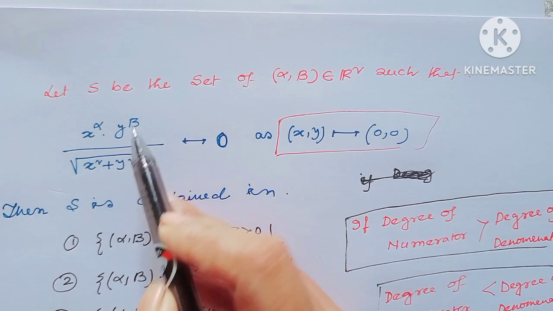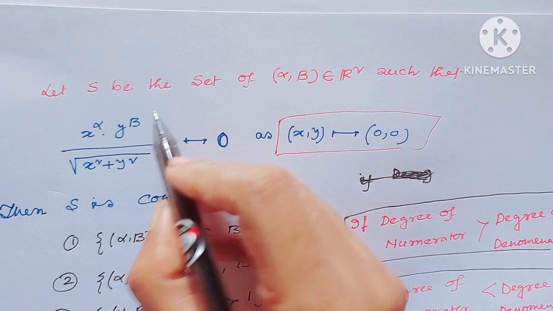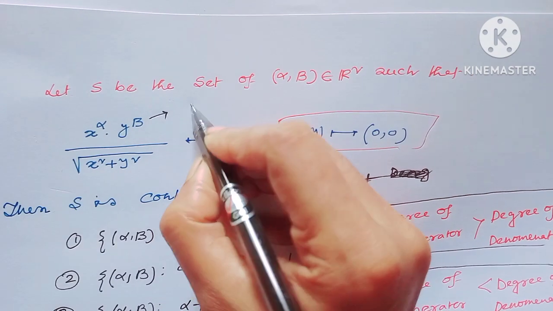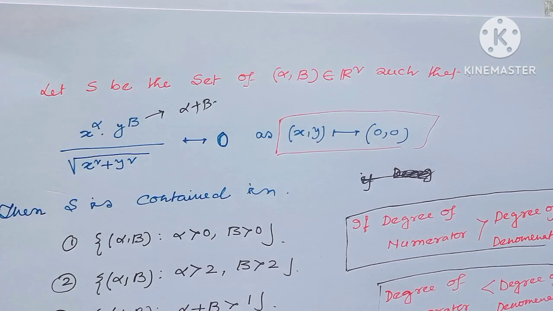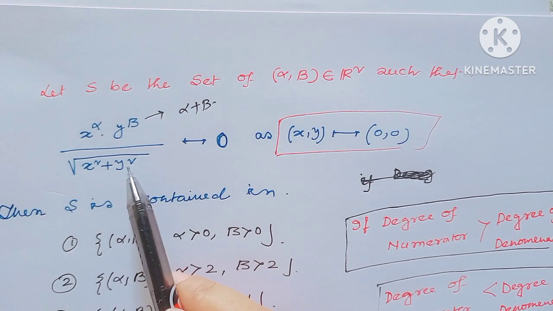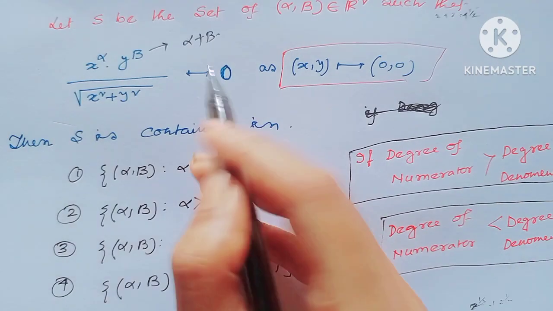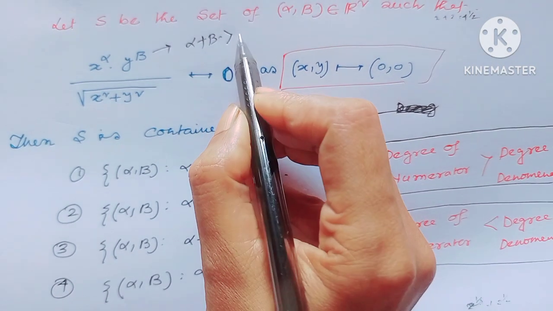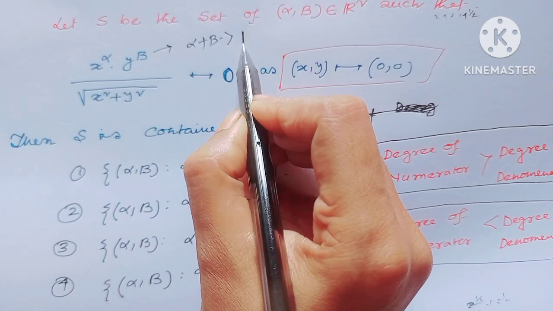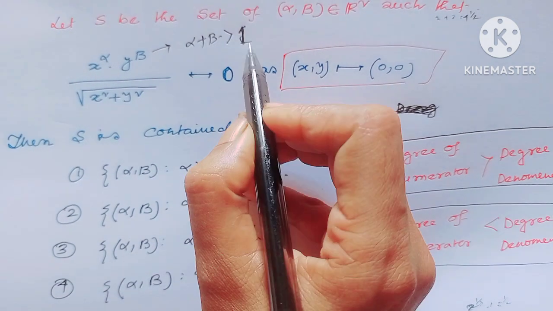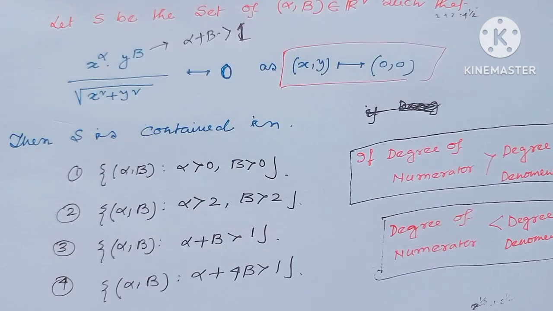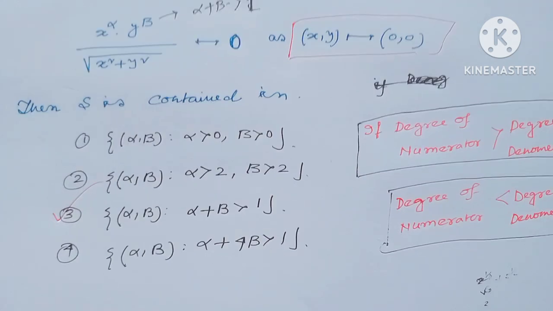Here the degree of numerator is alpha plus beta and the highest degree of denominator is 1. That means here the set would be alpha plus beta strictly greater than 1. Now let's see the options. That means option 3 is the right option.